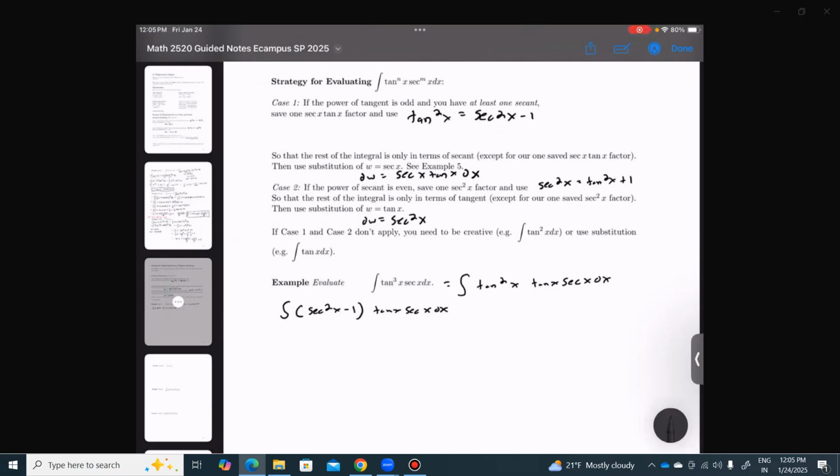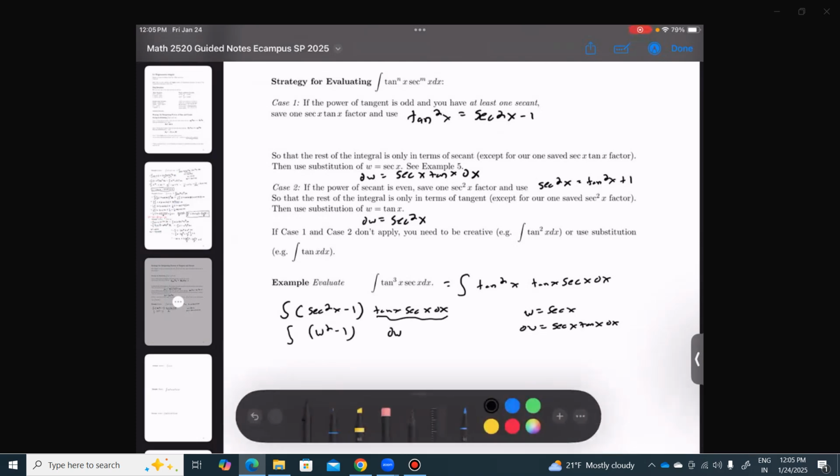And then we're having w equaling secant x. So dw equals secant x tangent x dx. So that's this part. That's your dw. And then this would be w squared minus 1. I'm going to actually bring that closer together here.